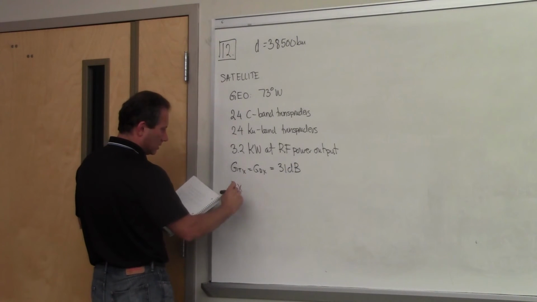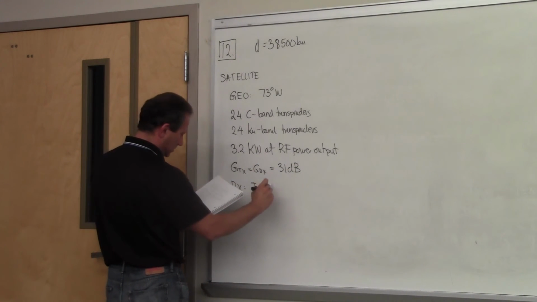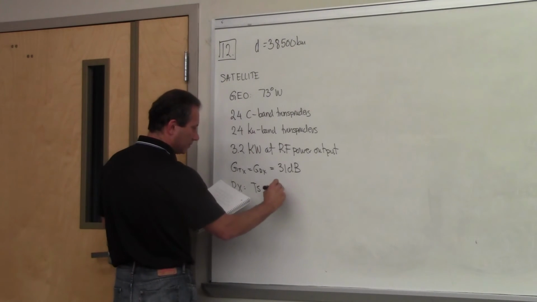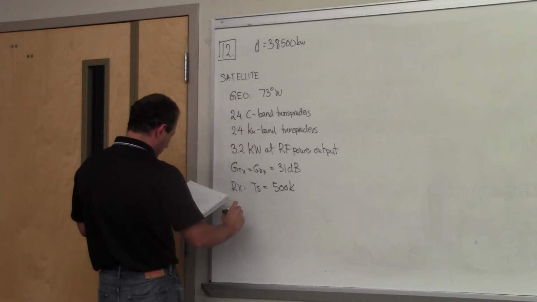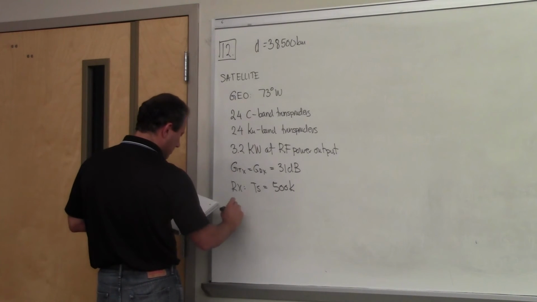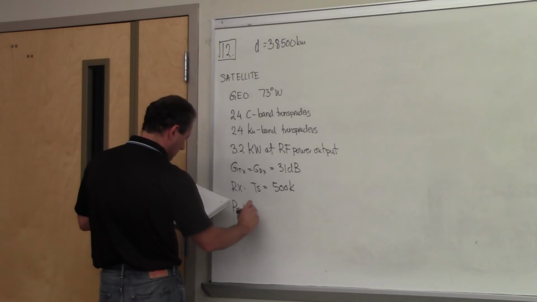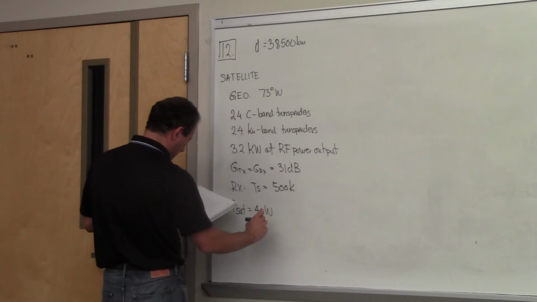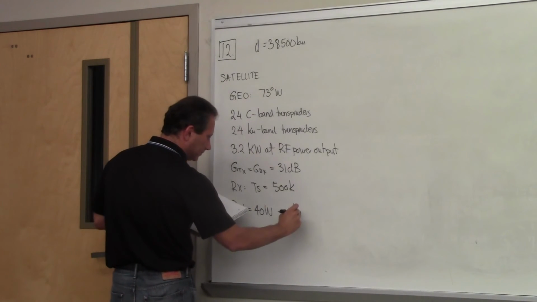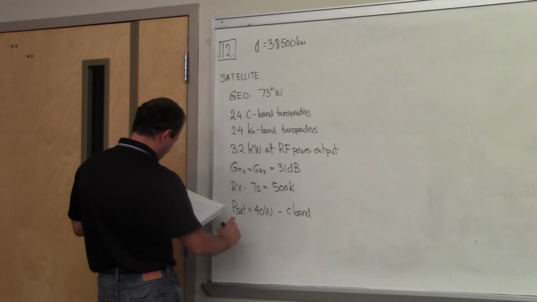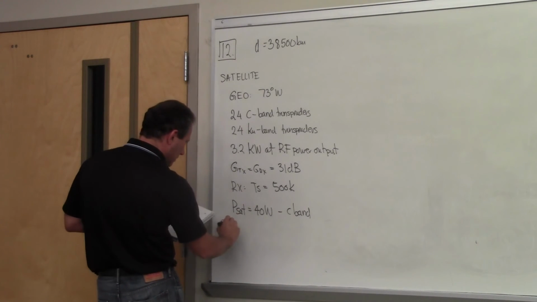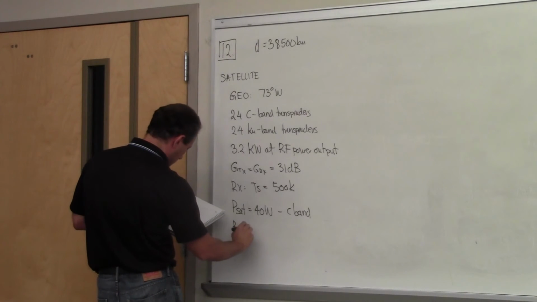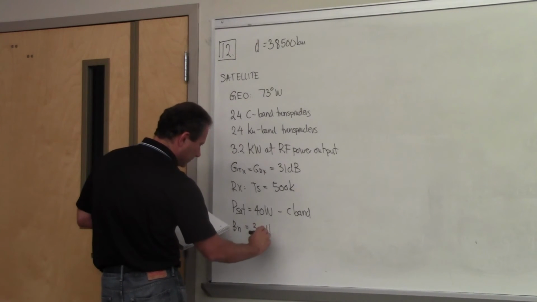RX has a system noise temperature of 500 K. Transponder saturated output power is 40 watts for C-band, and the noise bandwidth is 36 megahertz.